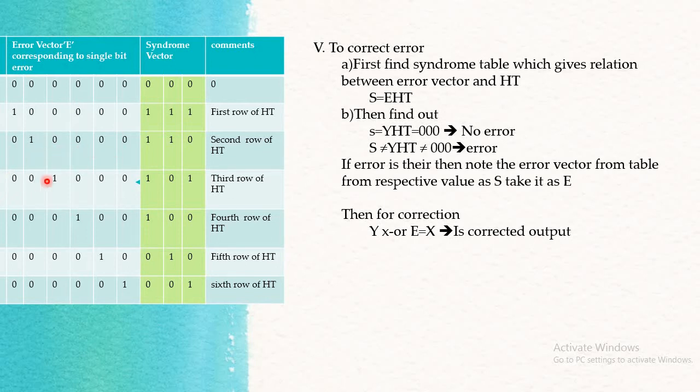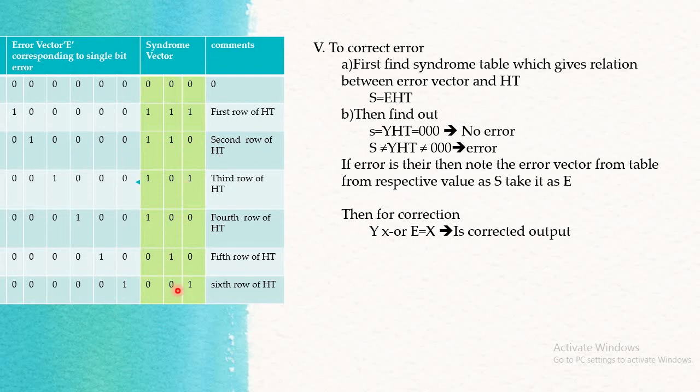Similarly, we repeat it for all positions: first, second, third, fourth, fifth and sixth position. For all these error vector values, we multiply with H transpose, and it gives you the respective values of the syndrome vector. This is the respective syndrome vector value if your error is present at the first position, and this is for the second, third, fourth, fifth and sixth positions.